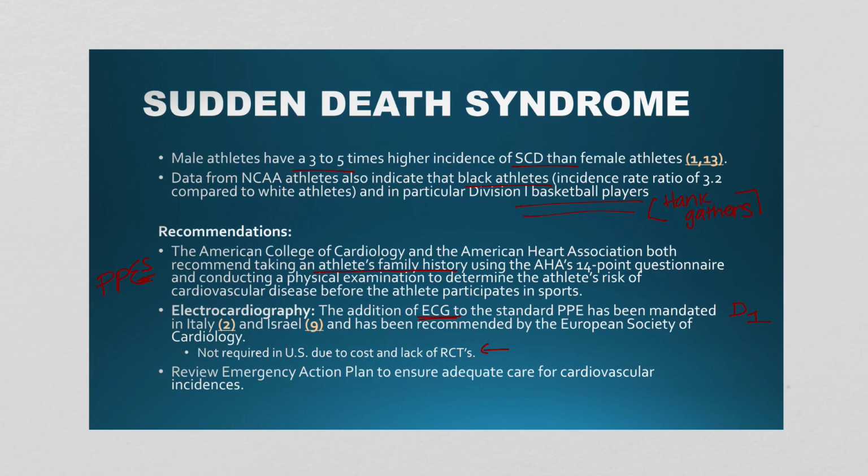So ultimately, what do we do? We're never prepared for this, but if we could look back at that assistant athletic trainer who literally started CPR right away, knowing your emergency action plan, what to do when something like this happens, is going to be key to the success of the athlete's life.